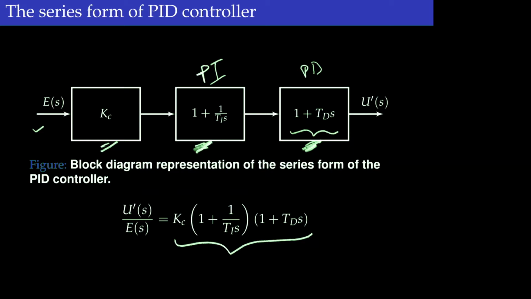We have seen the ideal form, the ideal form with a filter, the expanded form which is used in MATLAB, and the series form which is used in industrial settings. We also have some other forms which depend on the digital implementation that we'll discuss in a later session.